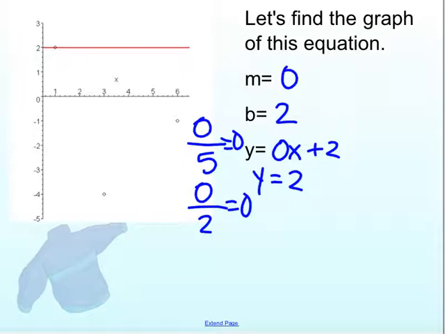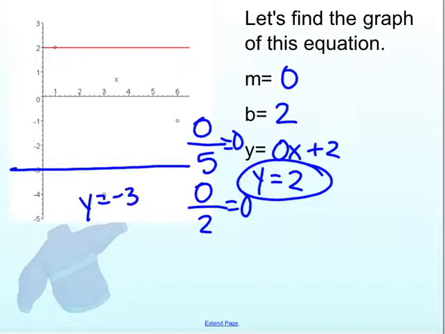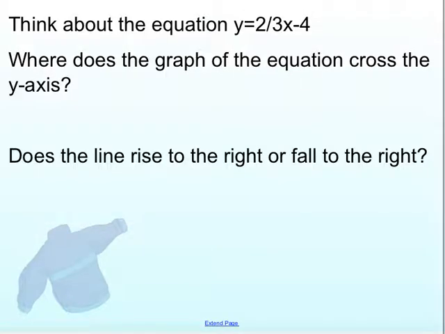Horizontal lines, their equations are going to look like this. Y is equal to that y-intercept. So if we had a line right here, we would say y is equal to -3. Or right here, y is equal to 0. Because that slope is 0, we don't have that x variable anymore. We just have the y-intercept.